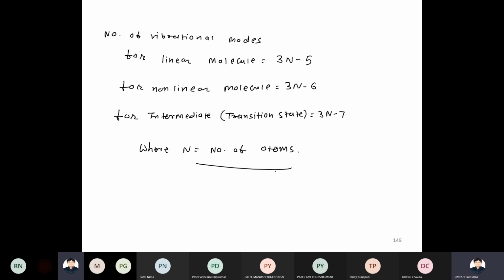So in this way you can calculate, and total modes of vibration, or you can say degrees of freedom, is equal to 3n.